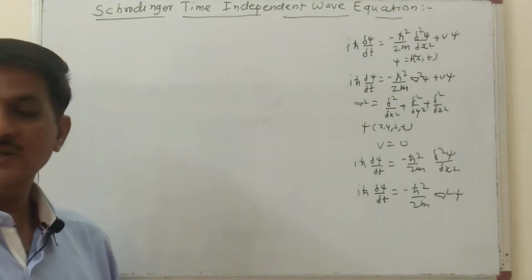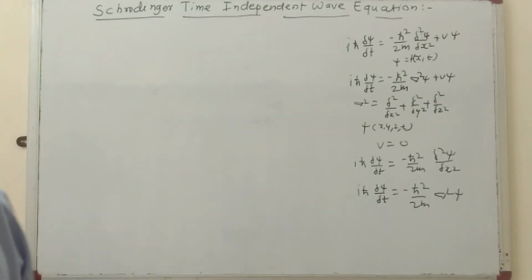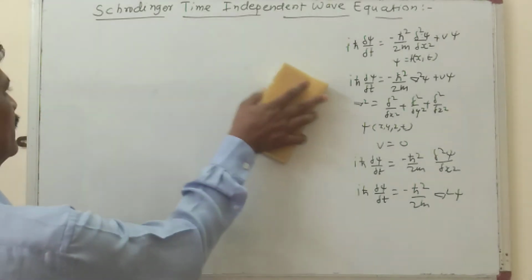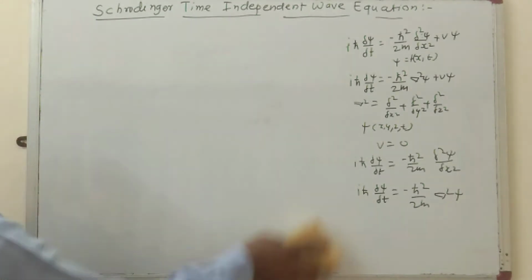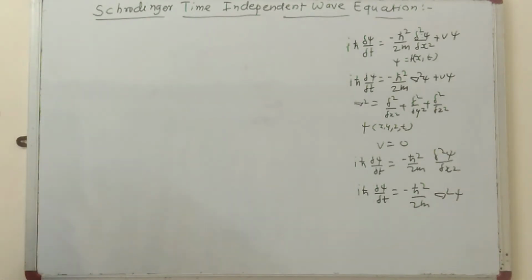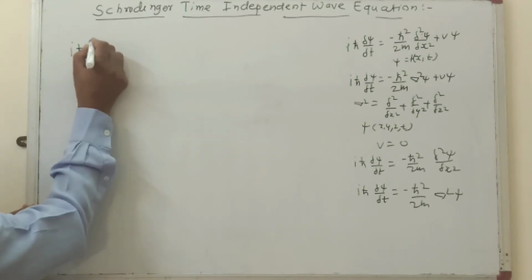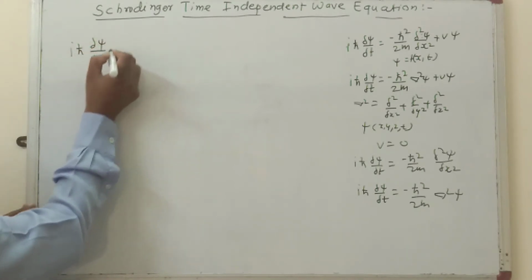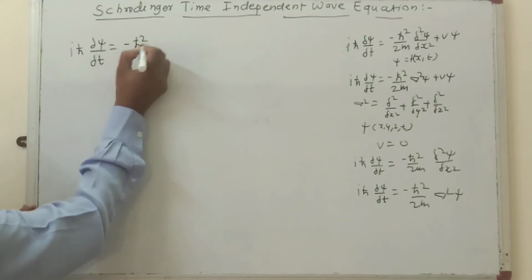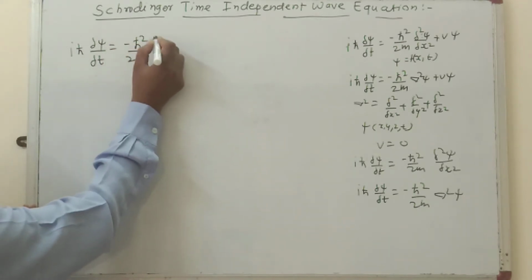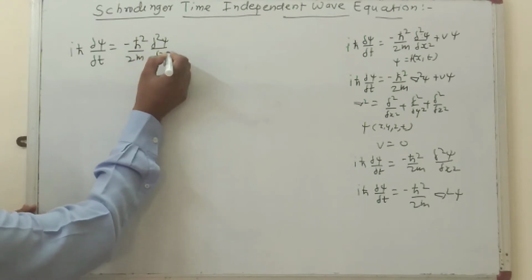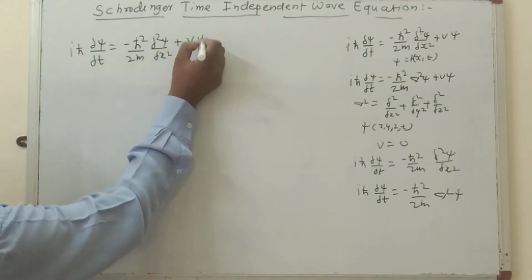Then today's topic is the Schrodinger time independent wave equation, and this topic is important for 2.5 marks. To obtain the Schrodinger time independent wave equation, first we take the Schrodinger time dependent wave equation for one dimension, that is, iħ ∂ψ/∂t = -ħ²/2m ∂²ψ/∂x² + Vψ.